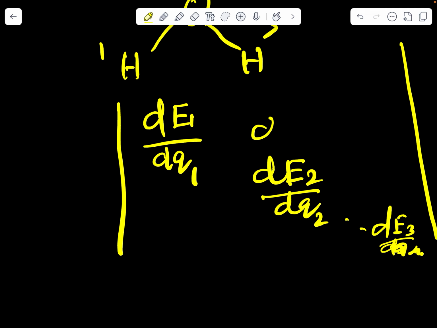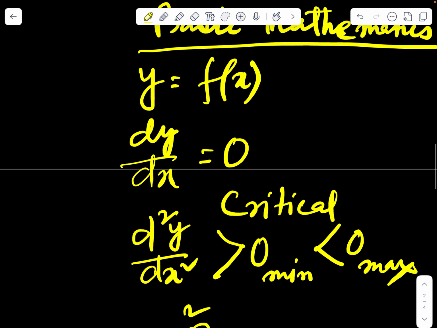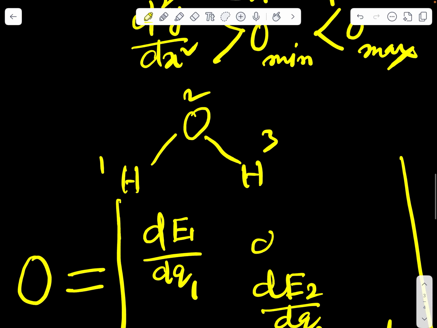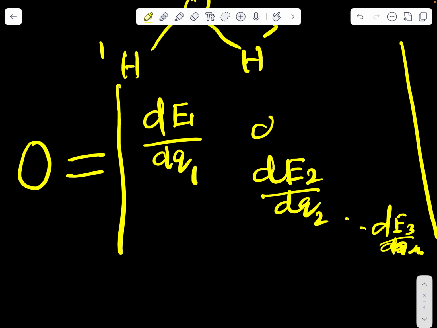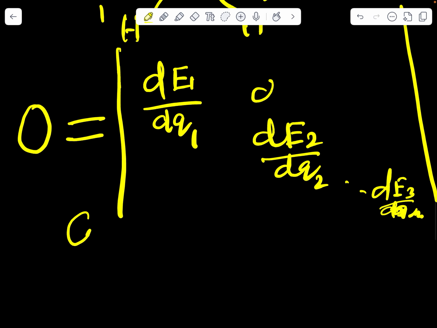First of all, the software will create a matrix like this, and will try to solve the matrix so that it becomes equal to 0, just like dy by dx equal to 0. So y is the energy as a function of coordinate.